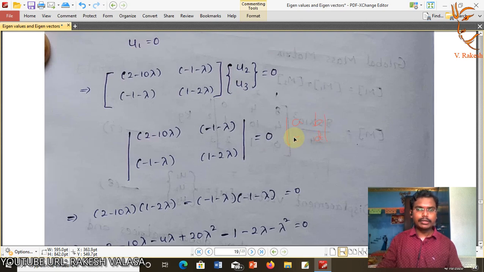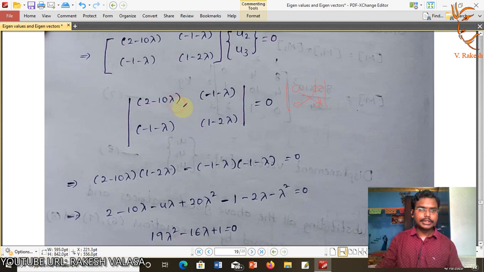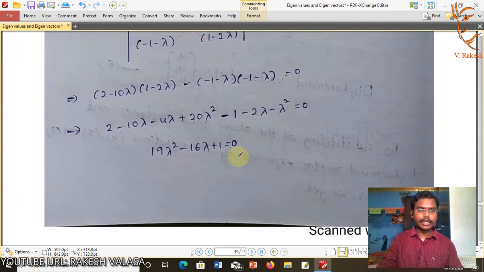To determine the determinant of a 2 by 2 matrix, it is AD minus BC. This element into this element minus this element into this element, that is (2 - 10 lambda) into (1 - 2 lambda) minus (-1 - lambda) into (-1 - lambda) equals 0. Now simplify this equation, we get 19 lambda square minus 16 lambda plus 1 equals 0.